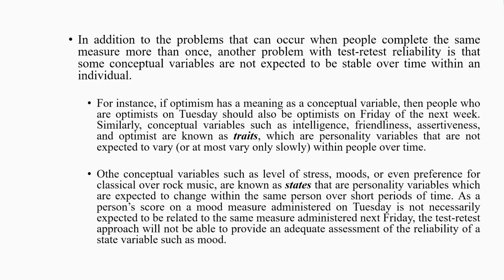Now, in addition to the problems that can occur when people complete the same measure more than once, there is another problem that can happen with test-retest reliability: some conceptual variables actually change over time within an individual. So, it is possible that the difference in responses is not because of the items, but because the conceptual variable you are trying to assess has changed within an individual.